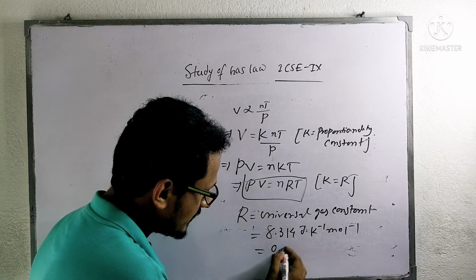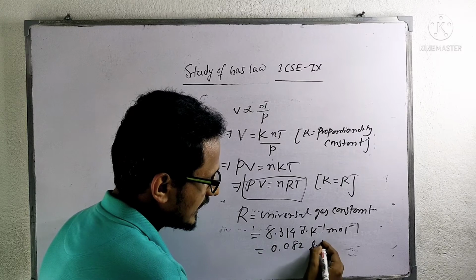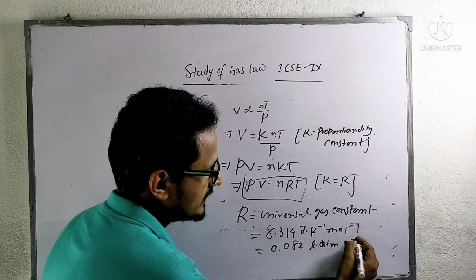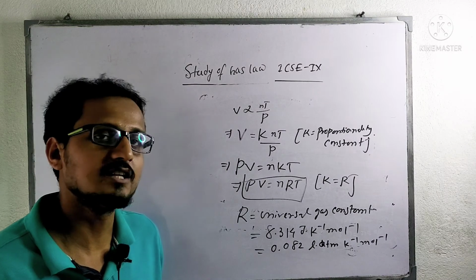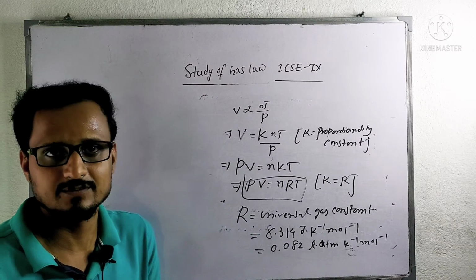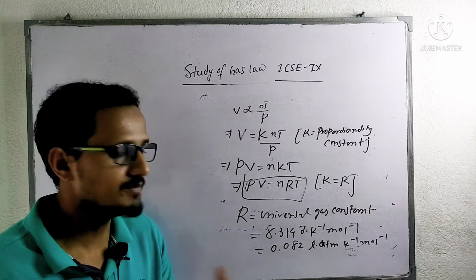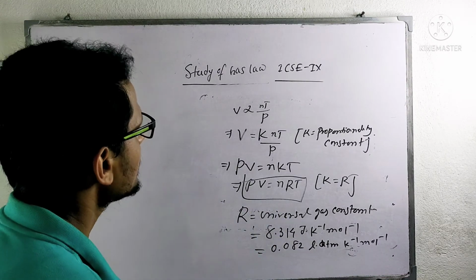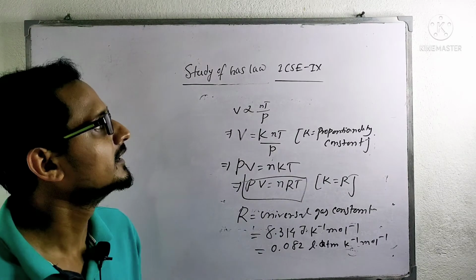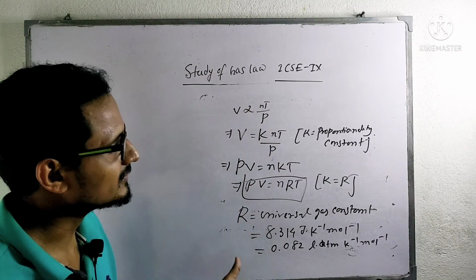Another value is 0.082 liter atmosphere Kelvin inverse mole inverse. Another value, in calories, is 1.987 calorie Kelvin inverse mole inverse. So we can remember any one of these. I think you have understood.